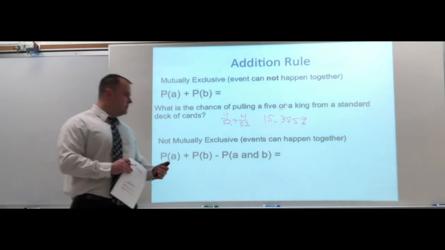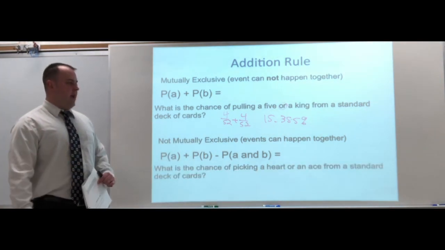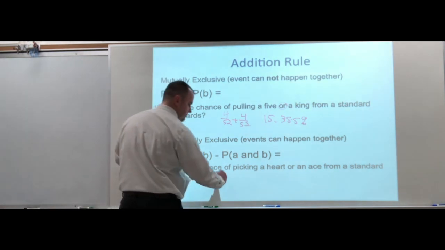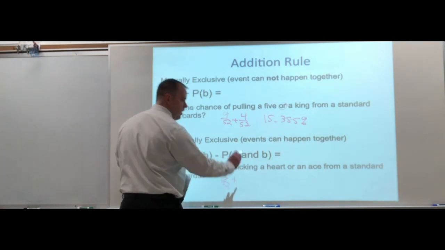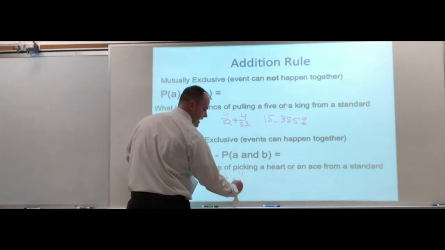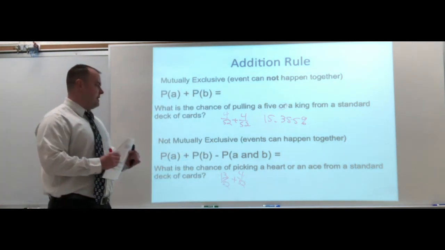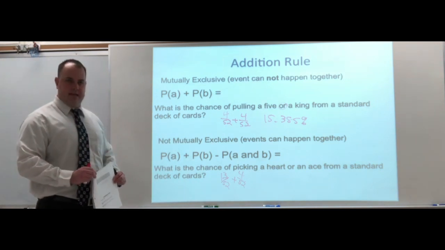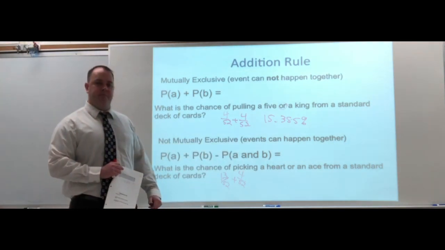The example I have here is picking a heart or an ace from a standard deck of cards. Well, there are 13 hearts out of 52. There are 4 aces out of 52. Now, the ace of hearts is overlapping. That's why these are not mutually exclusive events. You can get a heart that's also an ace. So that's why we have to think about the probability of A and B happening together.